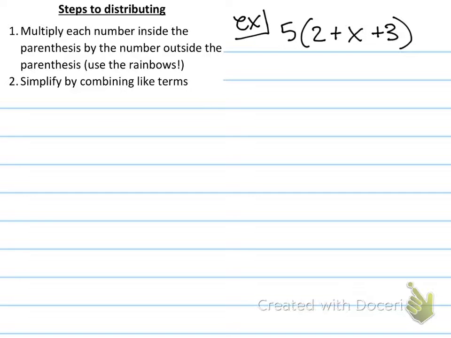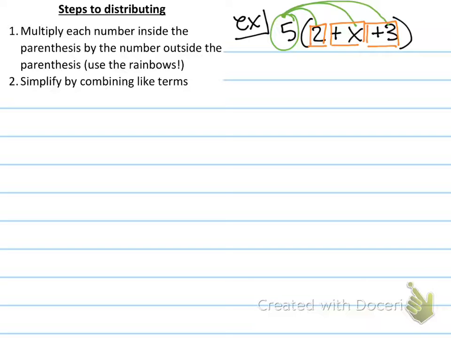So we are distributing 5, and we're going to draw our rainbows to each term inside the parentheses. So we need to multiply 5 by 3 different terms. And those terms are 2, positive x, positive 3.